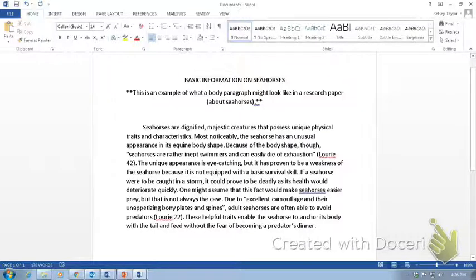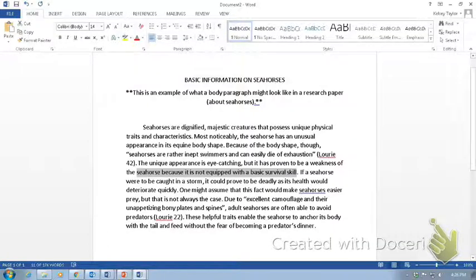So I started with talking about the shape of the body and how it causes the seahorse to not be a very good swimmer, and how that can prove to be a horrible thing for the seahorse, because there are times when you're a fish that you need to be a good swimmer.